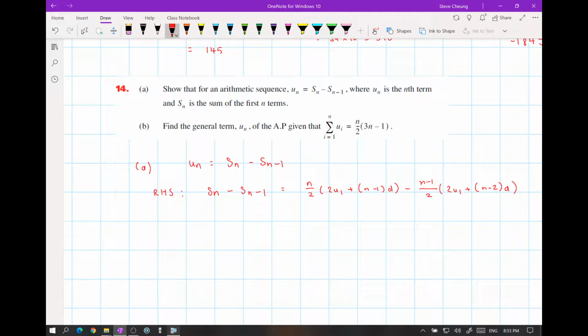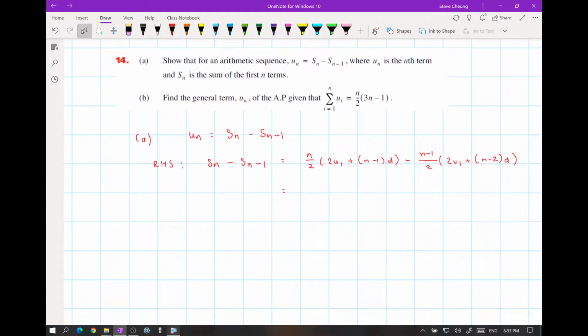Because n minus 1 minus 1 is n minus 2. So we need to show that this is the same as u sub n, which is quite annoying, don't you think? Yes, this one is really annoying. It's actually so obvious that u sub n is just S_n minus S_(n-1). But okay, here we go.